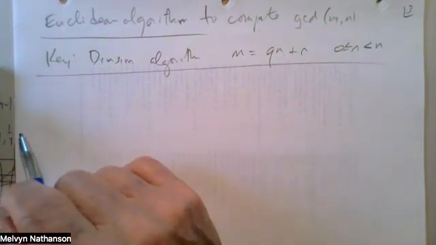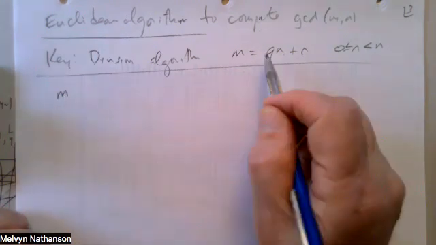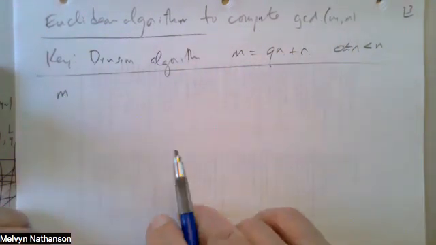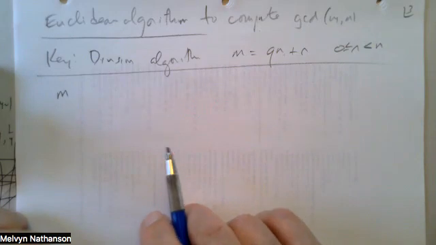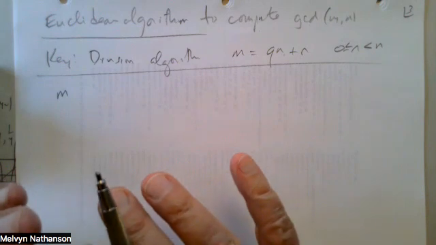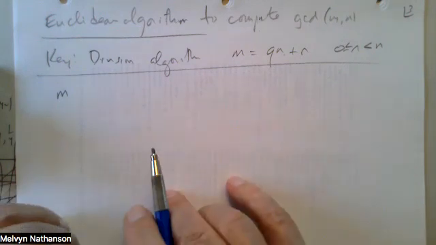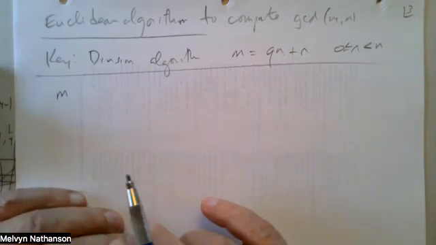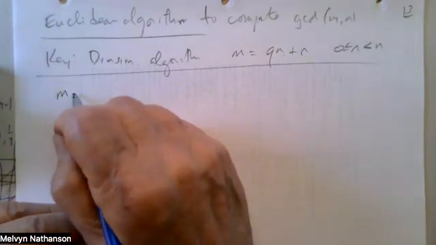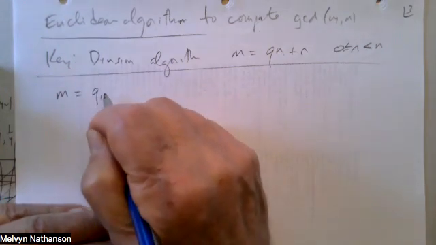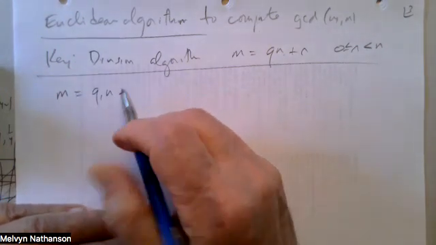So we want to find the greatest common divisor of M and N. We need a process that is completely rigid. There's no thinking involved. It's just automatic, because computers don't think. Computers just follow instructions.